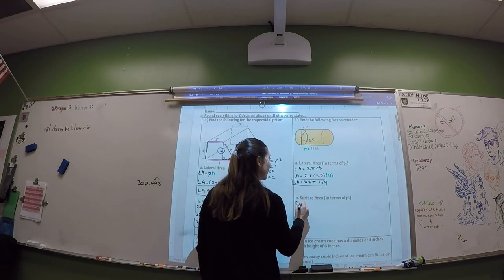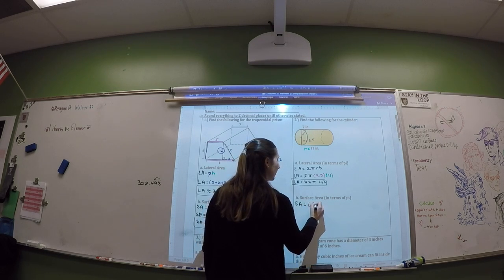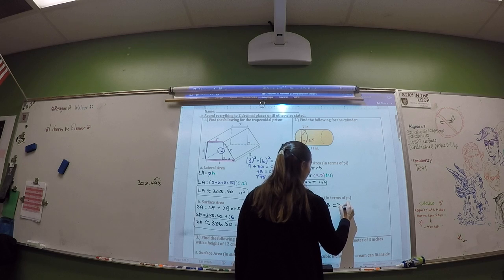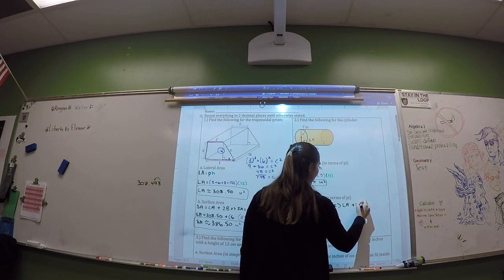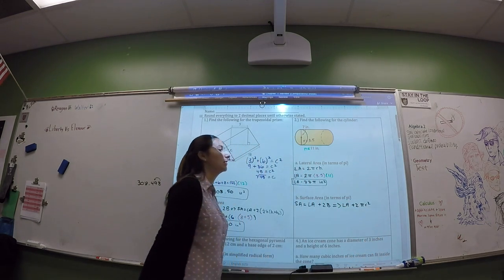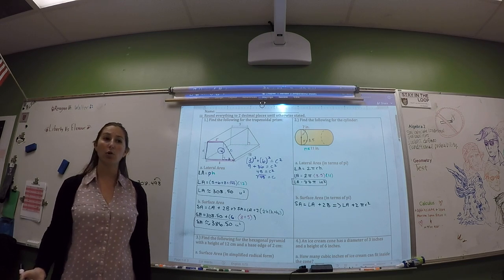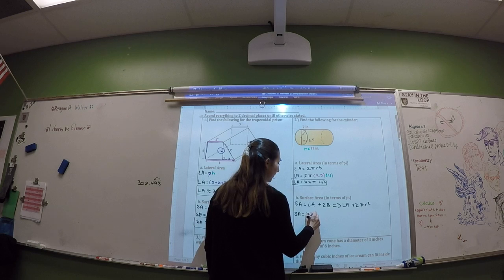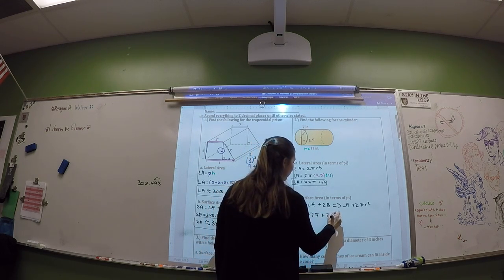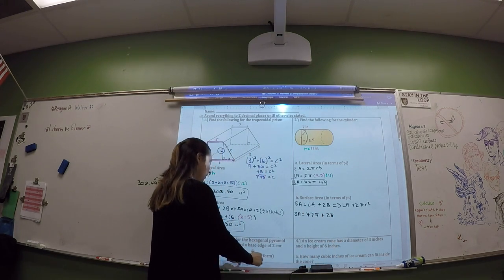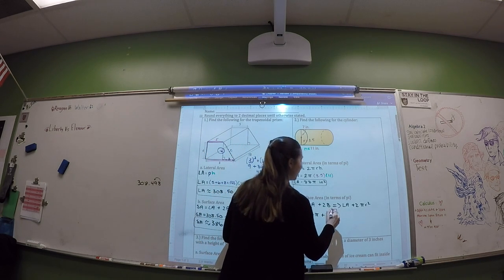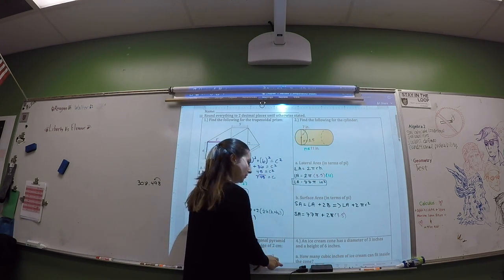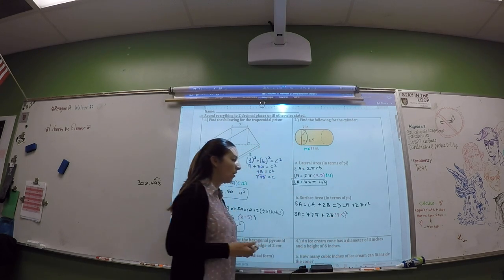Then your surface area is your lateral area plus your two bases. But we can get more specific: the bases are pi r squared, because they're circles. So we already have our lateral area. We're going to add 2 pi r squared. We already found r, remember? It's 3.5, squared.